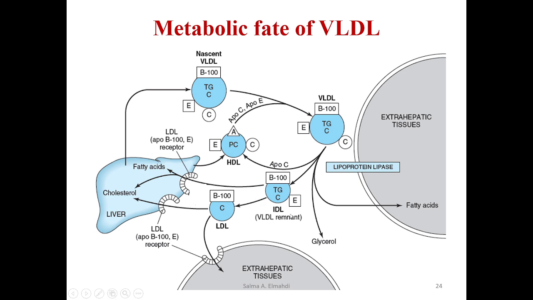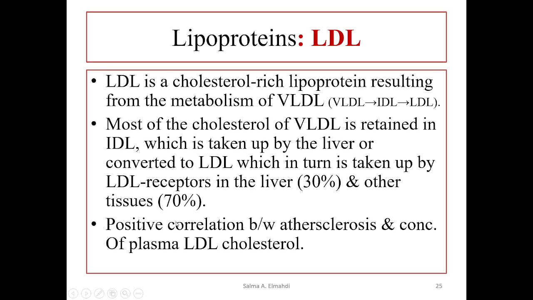We are left with the VLDL remnant, which forms LDL, and LDL is either taken up by extrahepatic tissues through an LDL receptor or taken up by the liver, also through an LDL receptor. What is LDL? LDL is a cholesterol-rich lipoprotein that results from metabolism of VLDL.